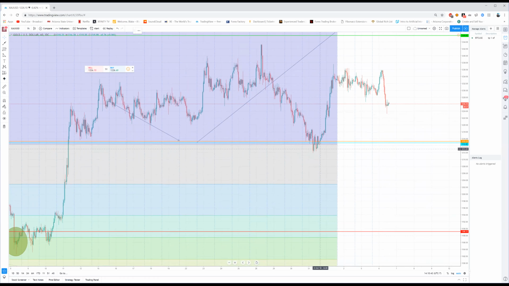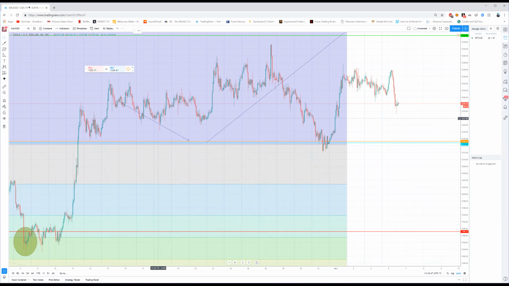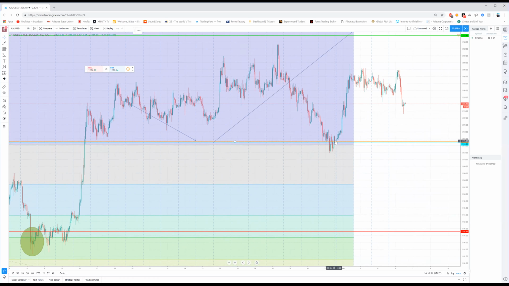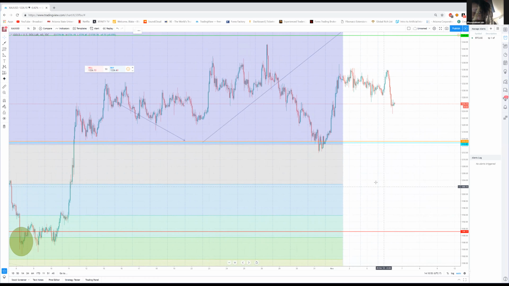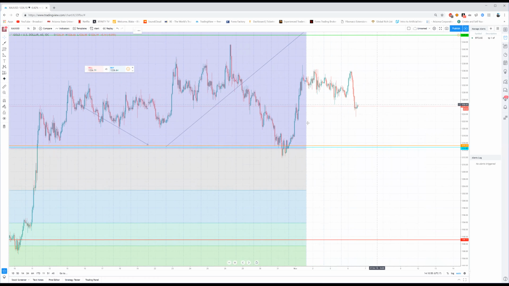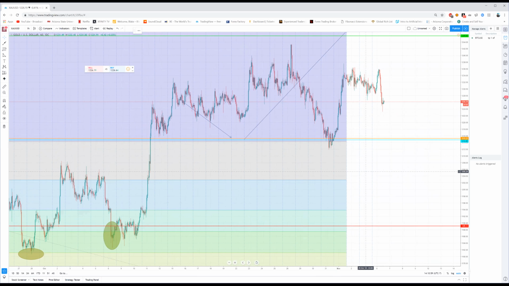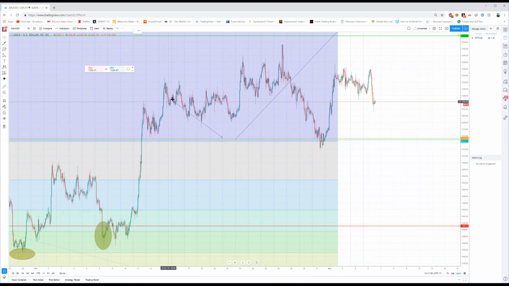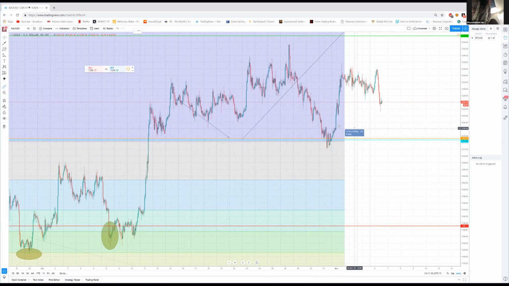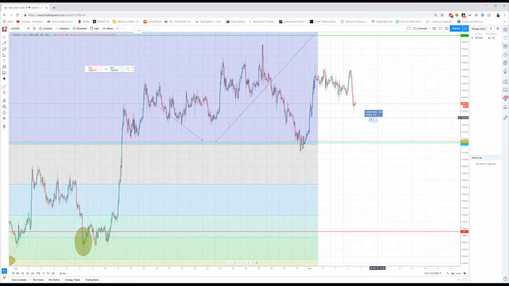I called this out a couple of weeks ago. When price was here, I said, buy limit on the orange line. If you did hold that, you'd be in profit right now. But I wouldn't blame anyone if they didn't, because that's a very long time to hold a limit for a buy, 15, 16 days. Usually people don't hold limits that long.